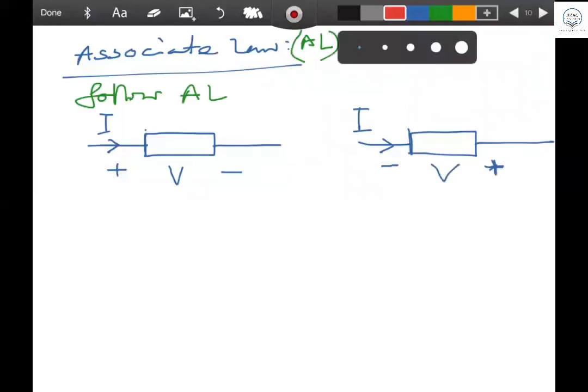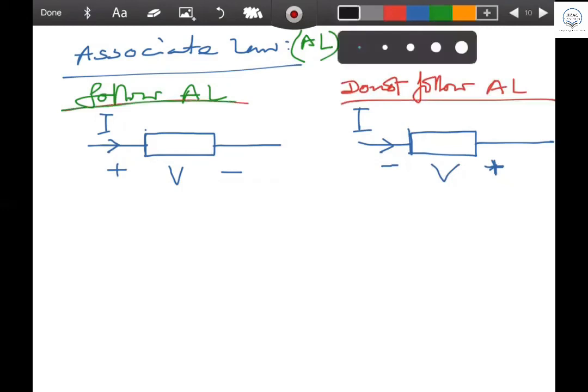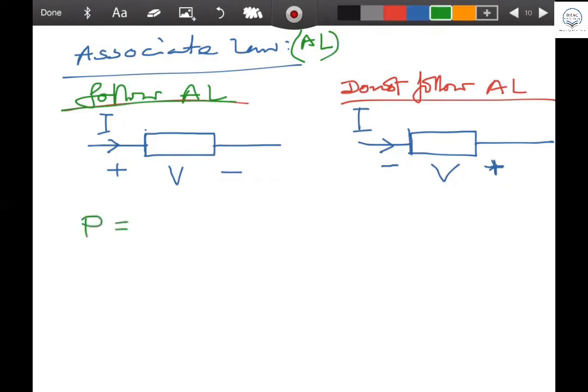Do you understand what I'm talking about? The first follows the associated law, and the other does not. AL means associated law, just for your understanding. If it follows the associated law and you go for the power here, the power will be V into I, and it will be positive.